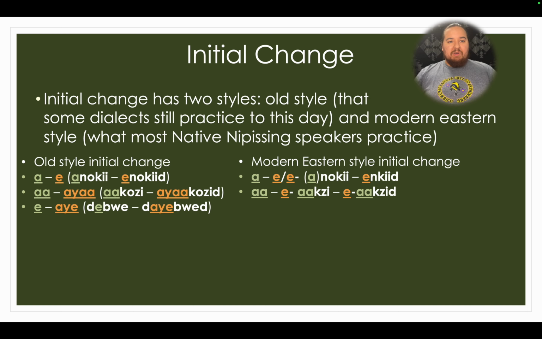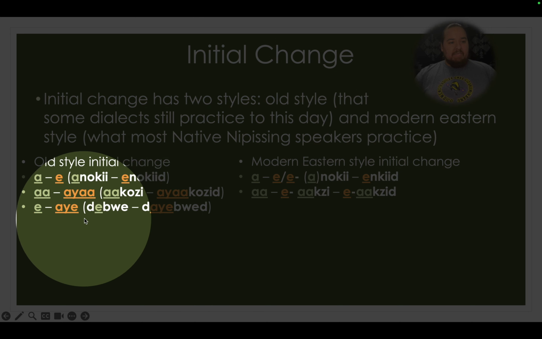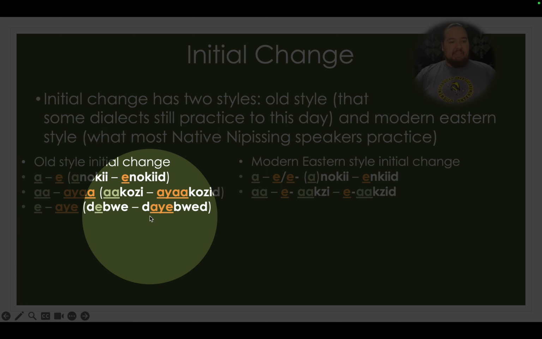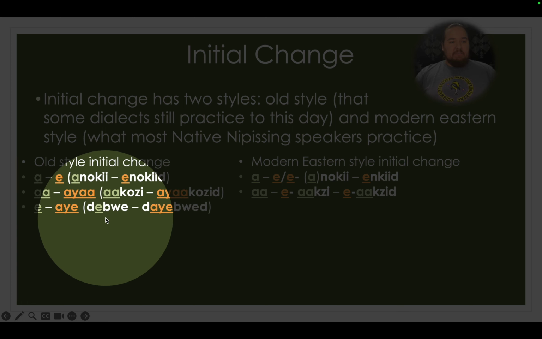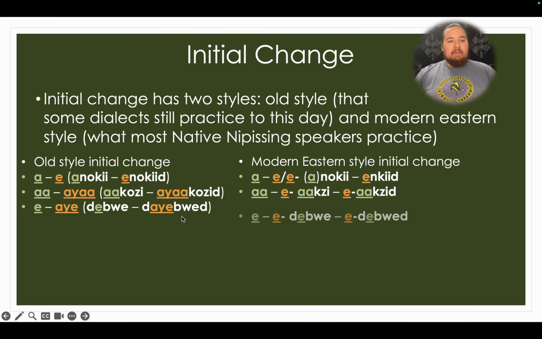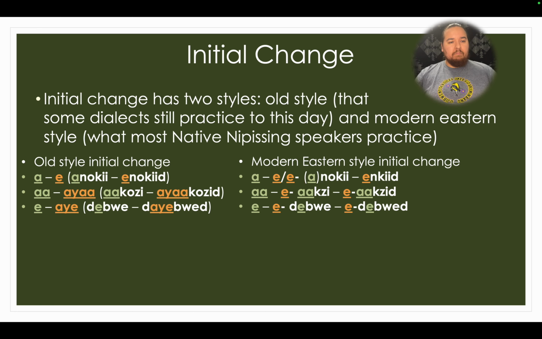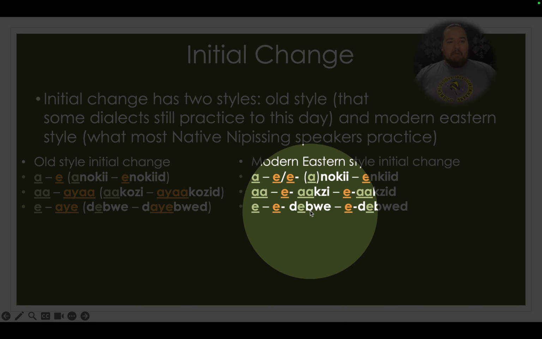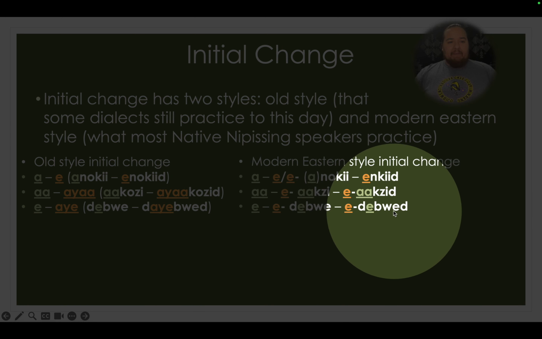Dayebwed, the one who speaks the truth. And so we can see here, the E is unchanged, and then the orange is changed. So E becomes aye. And so in Nipissing here, instead of changing the E sound, we're keeping it and adding an E prefix. So debwe becomes edebwed.